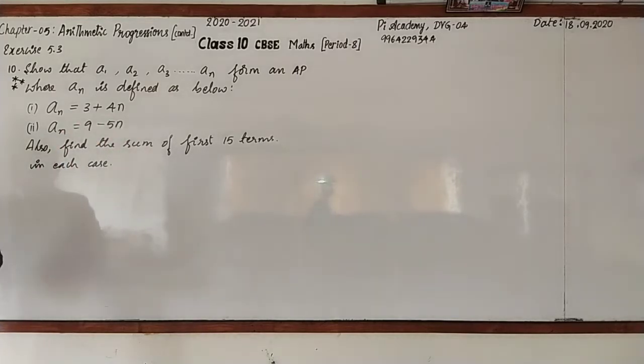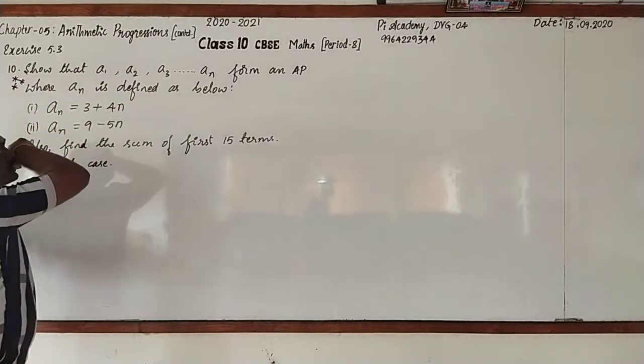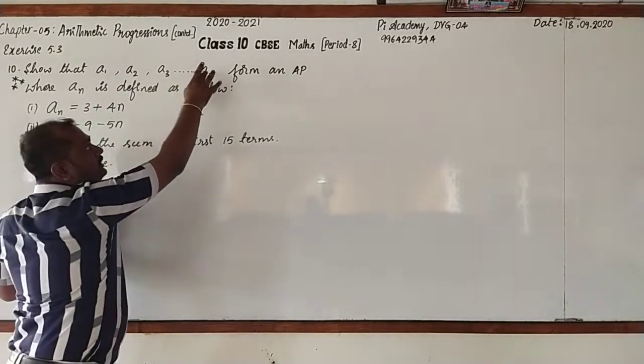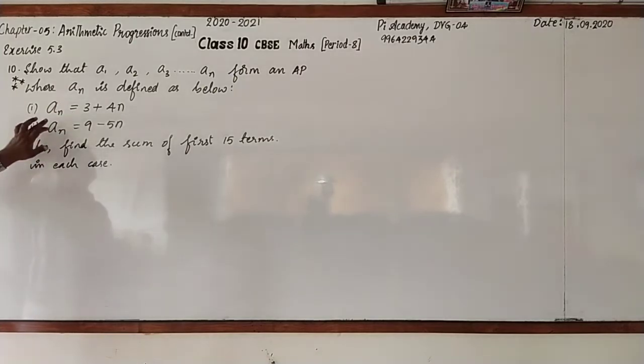Yes. Observe it. Here it has been given: show that A1, A2, A3, first term, second term, third term, and so on, AN, nth term, form an AP, where AN is defined as, first one, AN is 3 plus 4n, and second one, AN is 9 minus 5n.